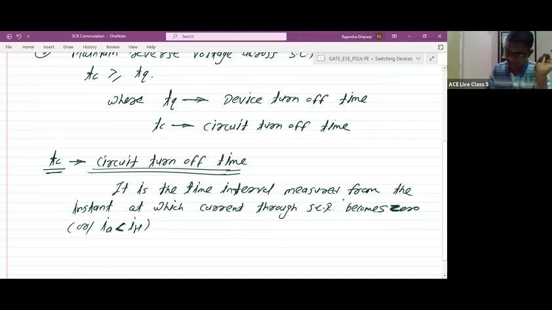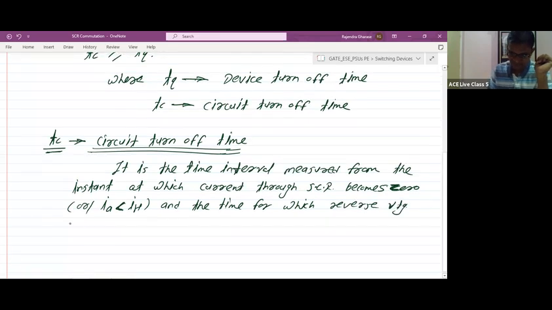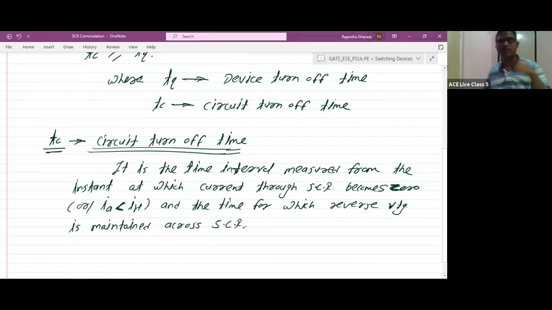It is the time interval measured from the instant at which current through the SCR becomes zero, and the time for which reverse voltage is maintained across the SCR.